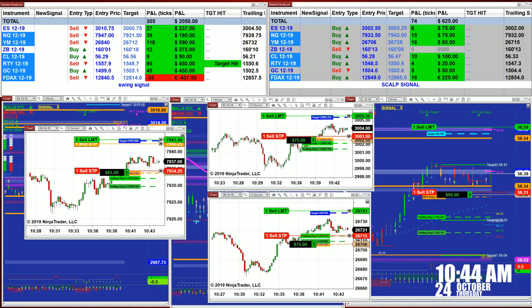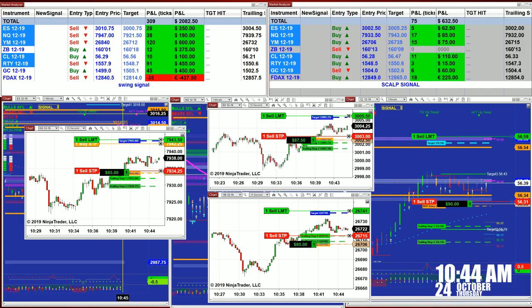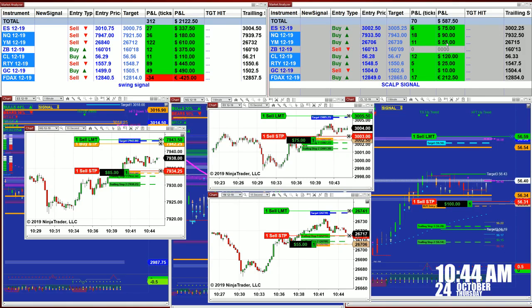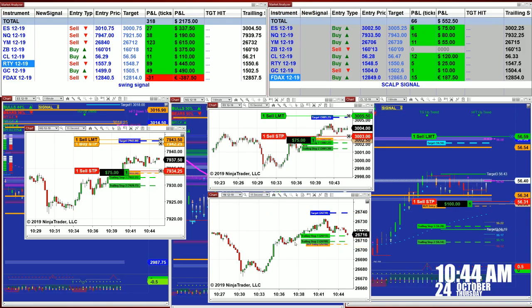If we look at the market analyzer on the scalper, it says you are at $75 on the ES, 62.75 right now, and you see 75 on the ES. And on the YM, it says $55 right now based on one contract also, and you see the same amount, 55.